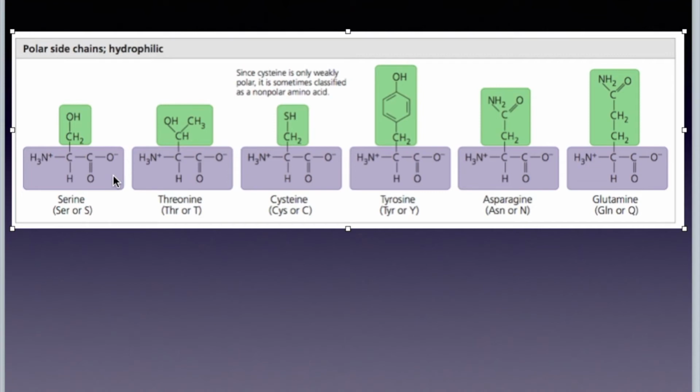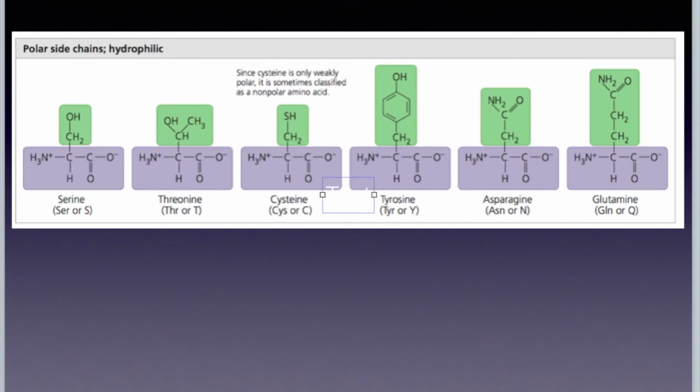Now there are 6, called serine, threonine, cysteine, tyrosine, asparagine, and glutamine. So STCTAG. I'm just reading the first letters of these words, not the abbreviations or the proper names that are shortcuts for the amino acids.